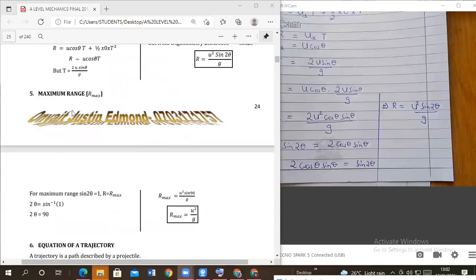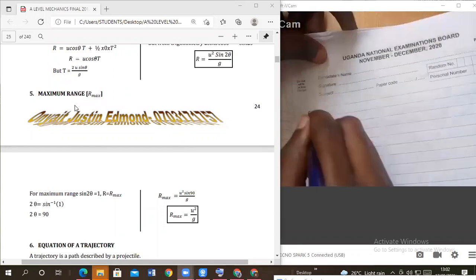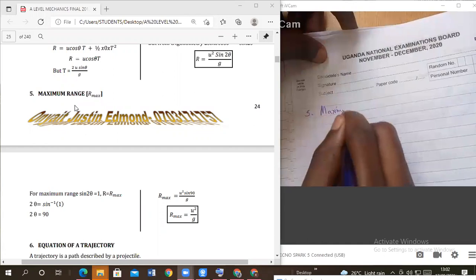Then there's what we call maximum range. Number 5, maximum range.